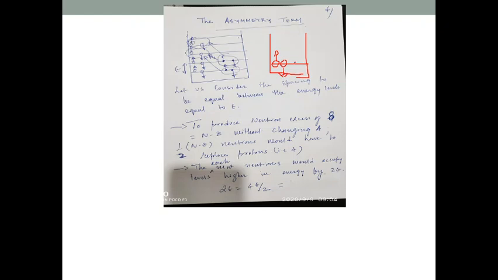Now here you can have two protons. I just show protons by dotted circles. One proton has spin up, another has spin down.